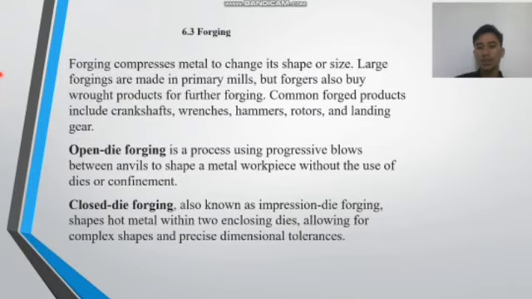Open die forging is a process using progressive blows between anvils to shape a metal workpiece without the use of dies or confinement. Closed die forging, also known as impression die forging, shapes hot metal within two enclosing dies, allowing for complex shapes and precise dimensional tolerance.